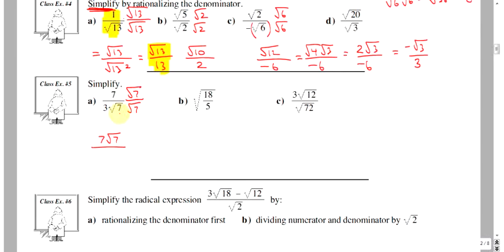On the bottom, I have 3 root 7 times root 7. Okay? Well, let's write it out. 7 times 7, that's root 49. What's root 49? 7.